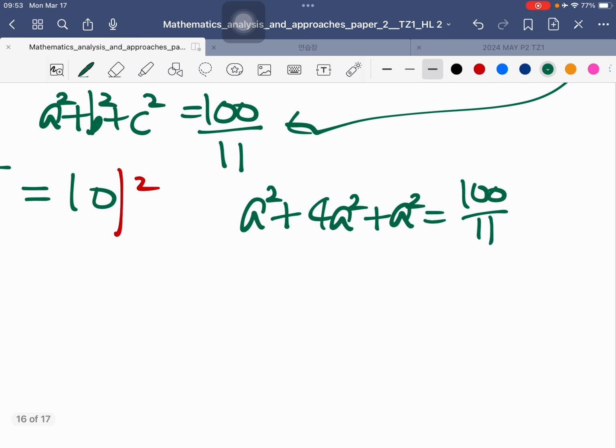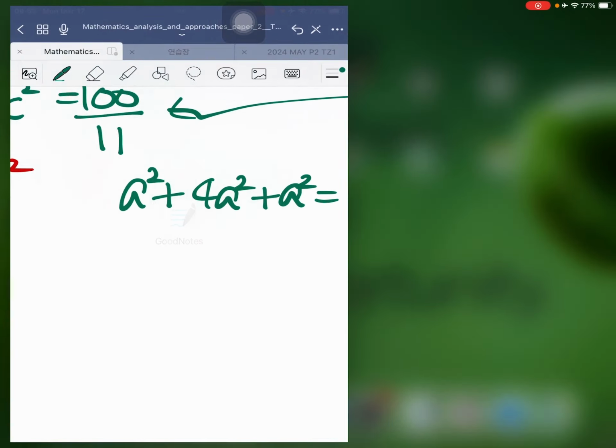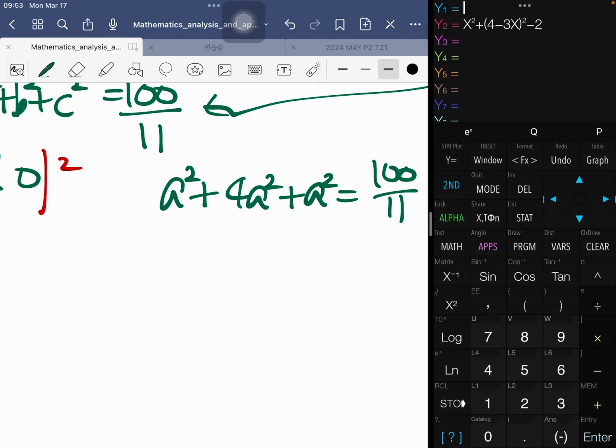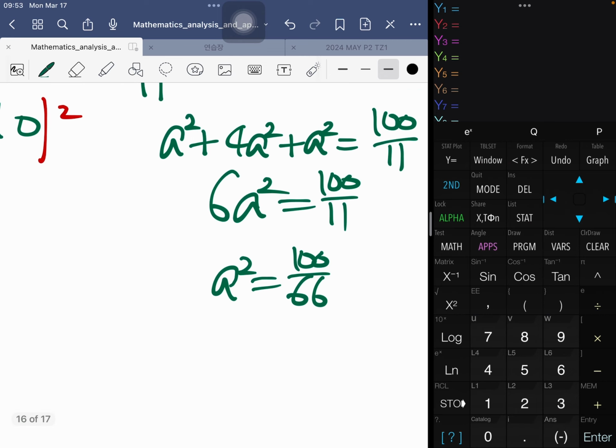We can calculate this using the calculator. So it's going to be 6A squared equals 100 over 11. So A squared is 100 over 66, and A equals the square root of this.